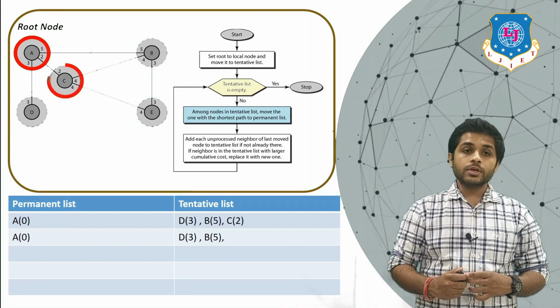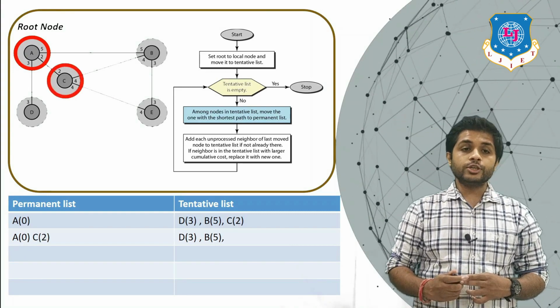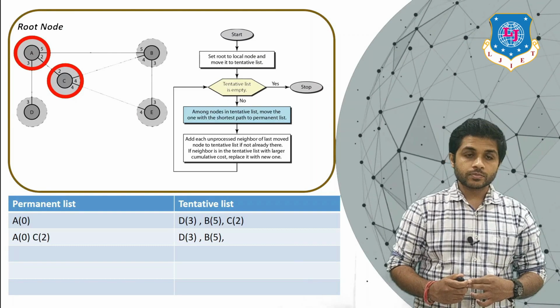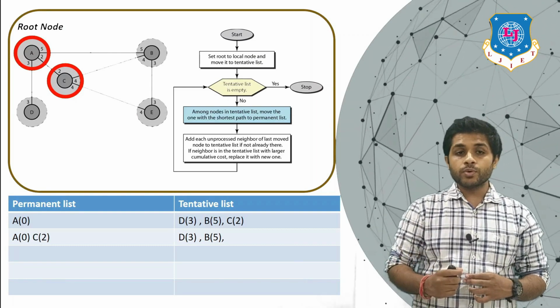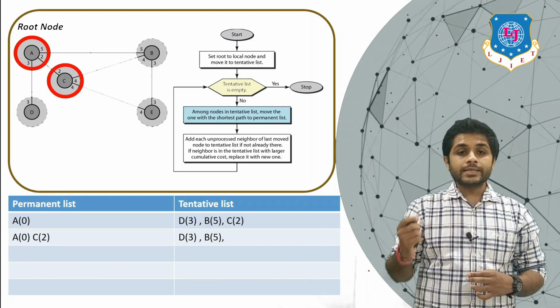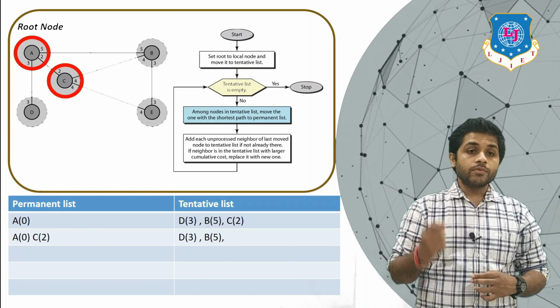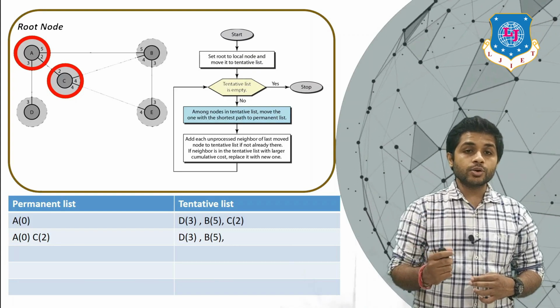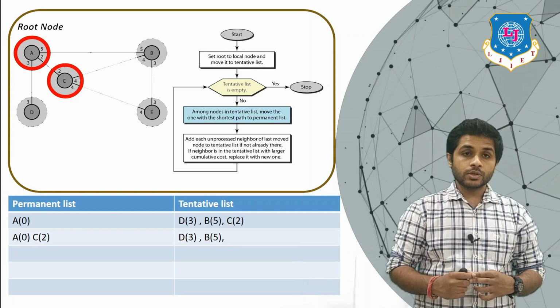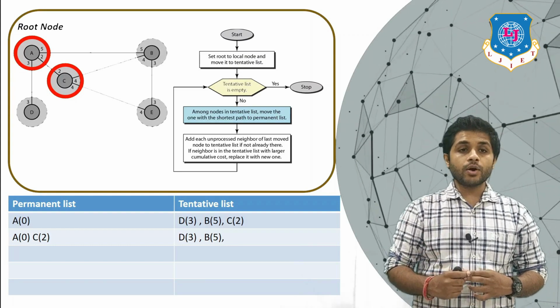So we will move C2 into the permanent list. So after we move any node from the tentative list to permanent list, we will add its adjacent nodes to tentative list. So what are the adjacent of C?